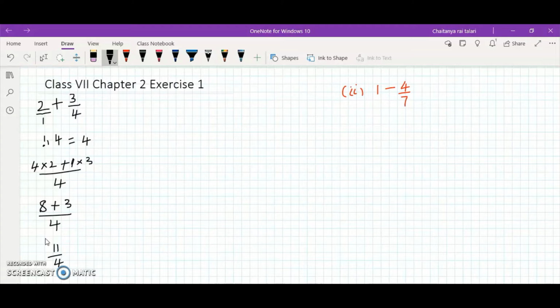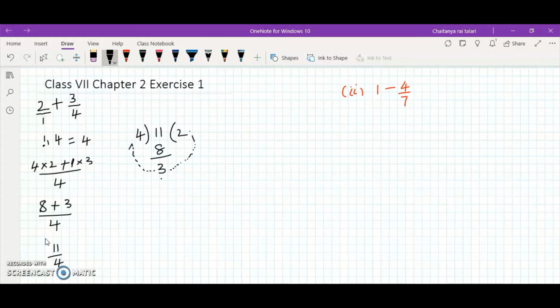So for that we'll take the denominator, that is 4, and divide the numerator, that is 11. So 4 goes here 2 times, so that is 8, and the remainder is 3. I think you remember how to write this mixed fraction. We start with the quotient, then the remainder, and then the divisor.